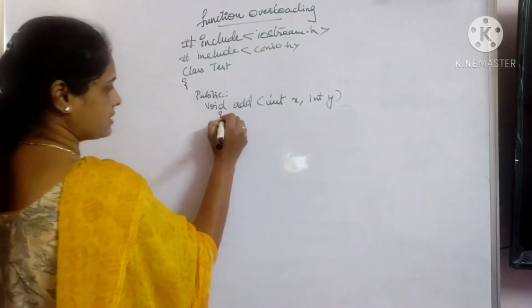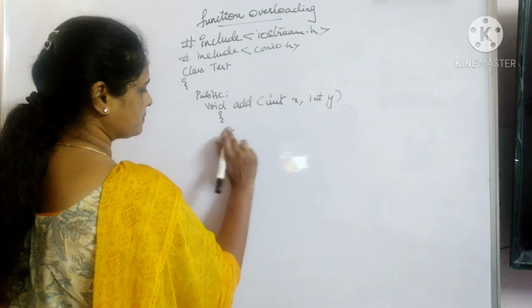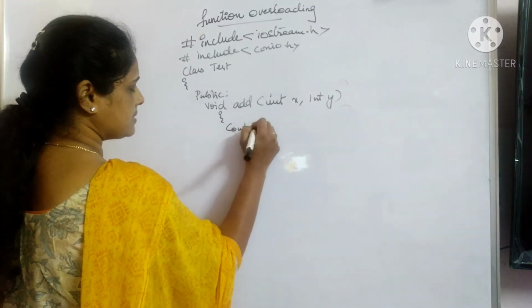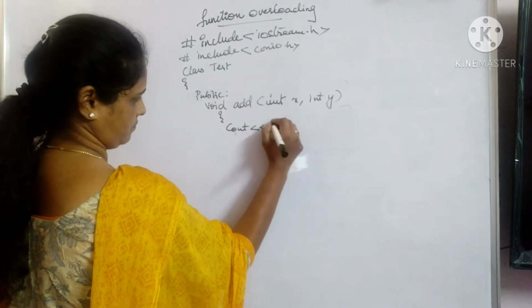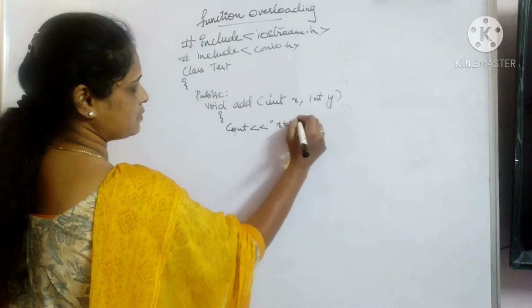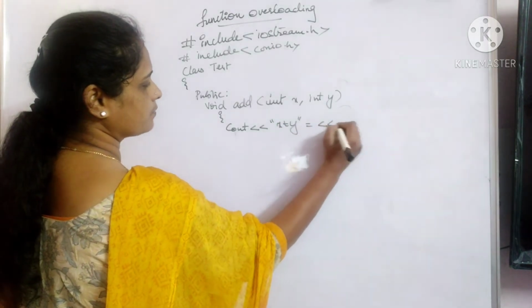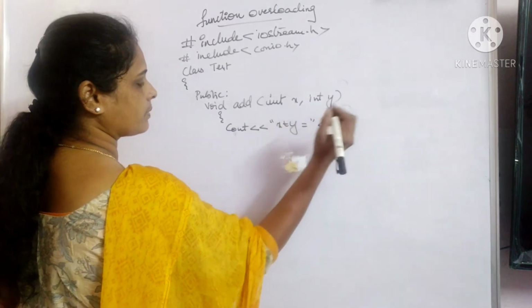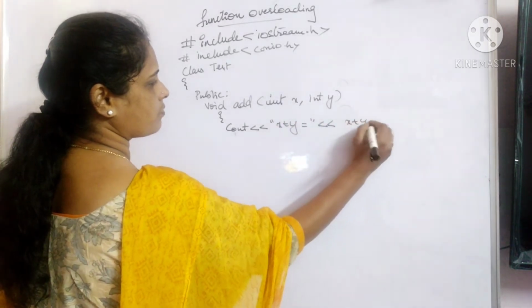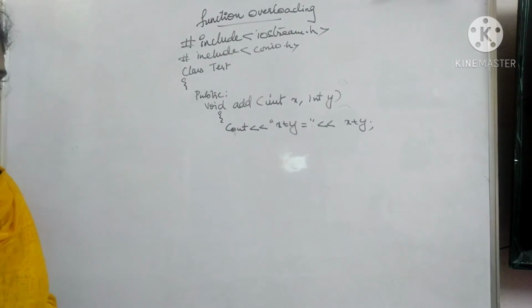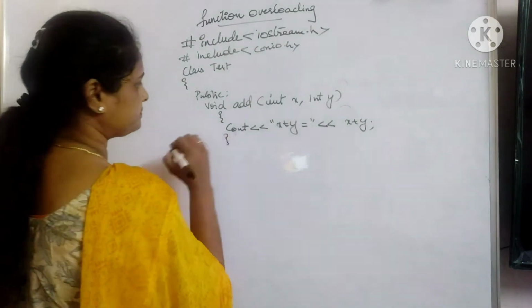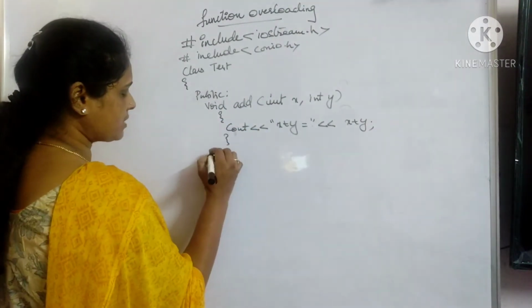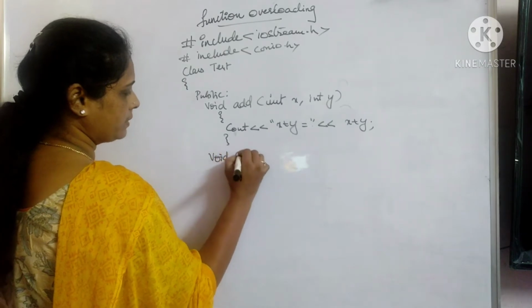Then when it is called, it has to display cout x plus y is equal to. That's it, it has to display that. Then I'll use the same function name again, void add.